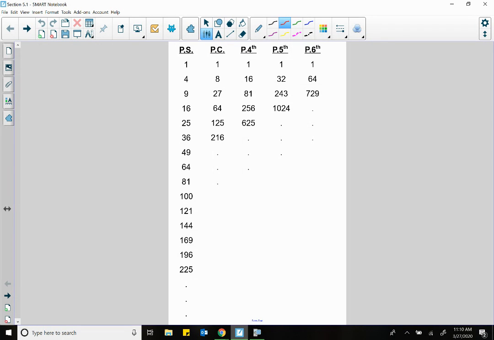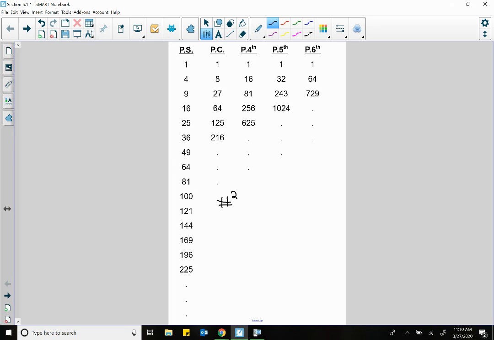And then also that you're going to want to have handy for you, this chart that I've given you, these are numbers that we care about the most. So PS stands for perfect squares. PC stands for perfect cubes, perfect fourths, perfect fifths, perfect sixths. So what a perfect square is, PS, is these numbers. A perfect square is just a number that is times itself.